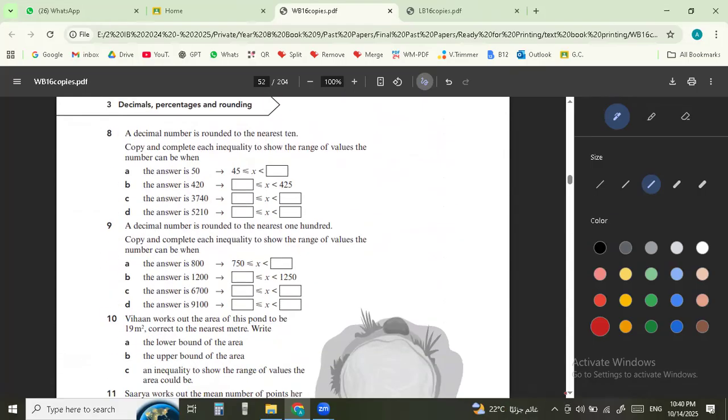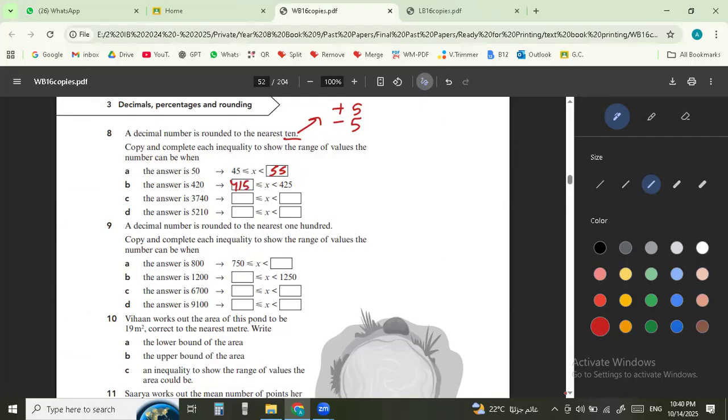Next one over here. They're telling you a decimal number is rounded to the nearest 10. Round to the nearest 10, then I add 5 or minus 5. So here, they're telling you it's 50. Minus 5 is 45. Add 5 is 55. 420. Minus 5, 415.